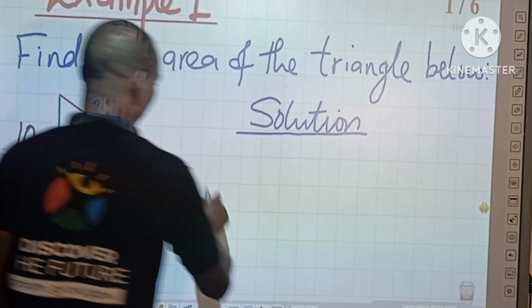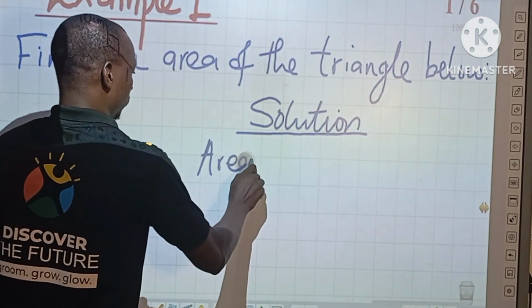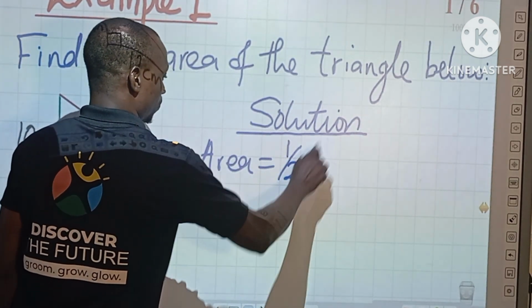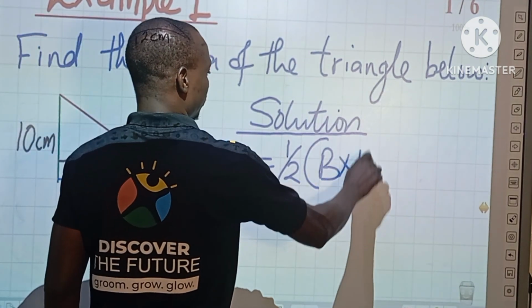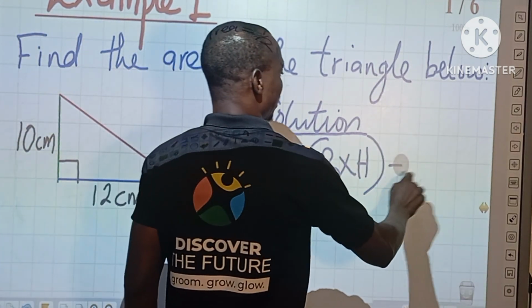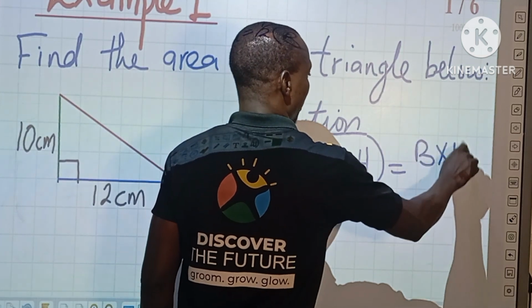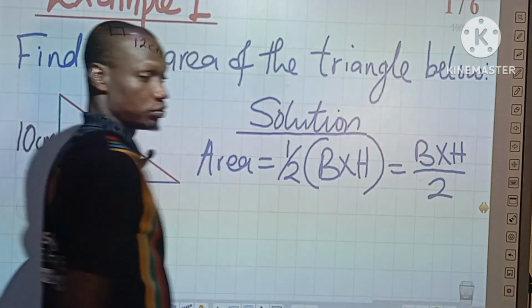So the area of this triangle: area is equal to 1 over 2 bracket of base, which is 12 here, times the what? Height. Or simply put, base times height all over 2.